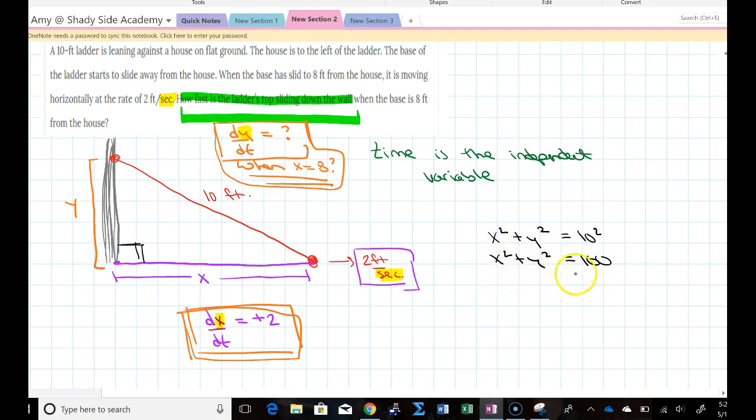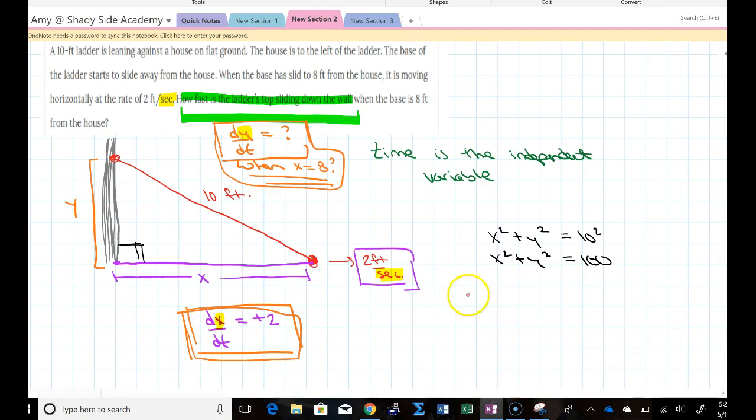Now we're going to take the derivative of this equation. And here's where that exercise in class a couple of days ago comes in. I hope you're not all moaning that the screencast is 24 minutes and 59 seconds long, but I hope you're saying, oh, I remember this. When I take the derivative of this equation, I have to take the derivative with respect to the independent variable. And what's the independent variable here? It is time.